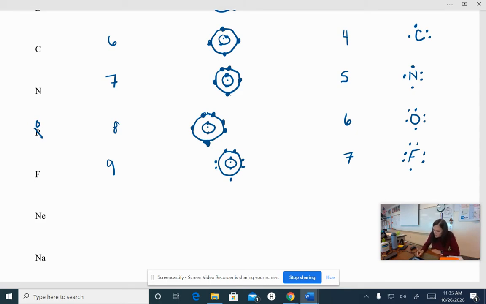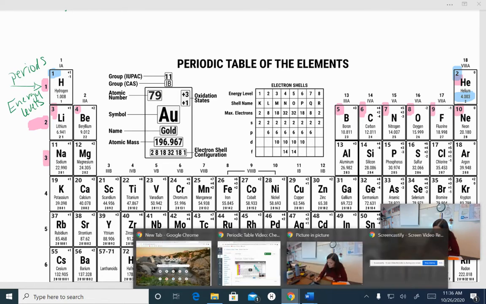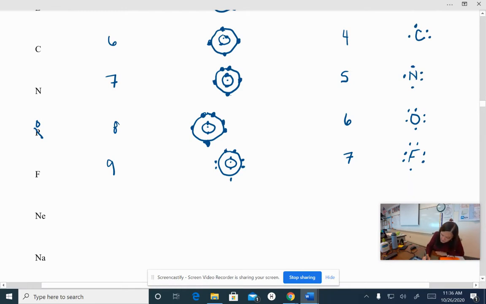Okay, I bet you can probably predict neon. Neon, we're still in the second energy level. We have 10 electrons. So let's look at this. 10 total electrons. We've got 2 energy levels. So the first 2 right here, 3 and 4, 5, 6, 7, 8, and 9 and 10.